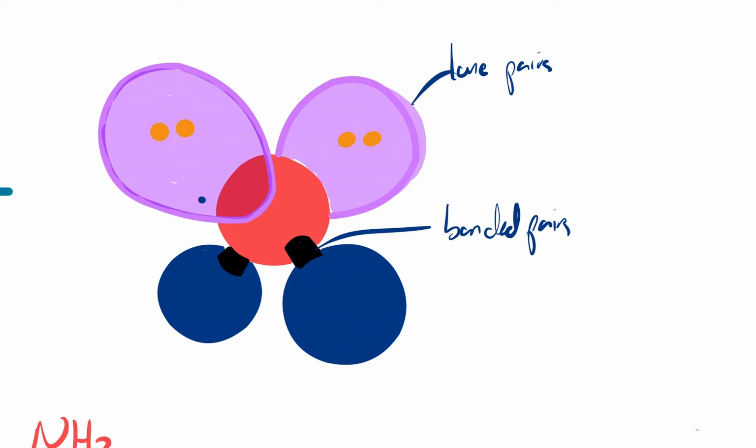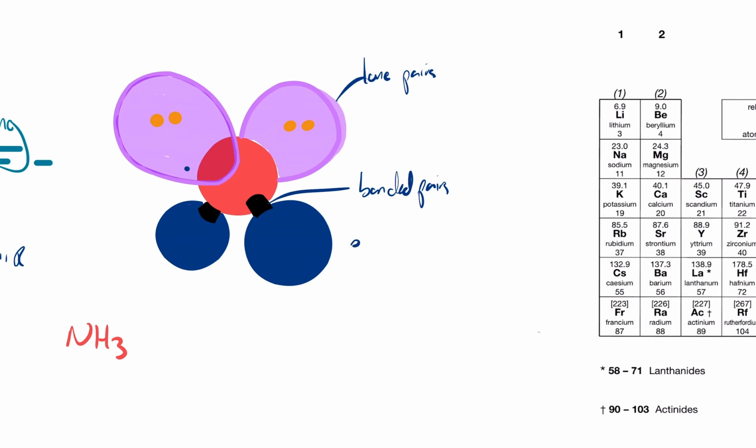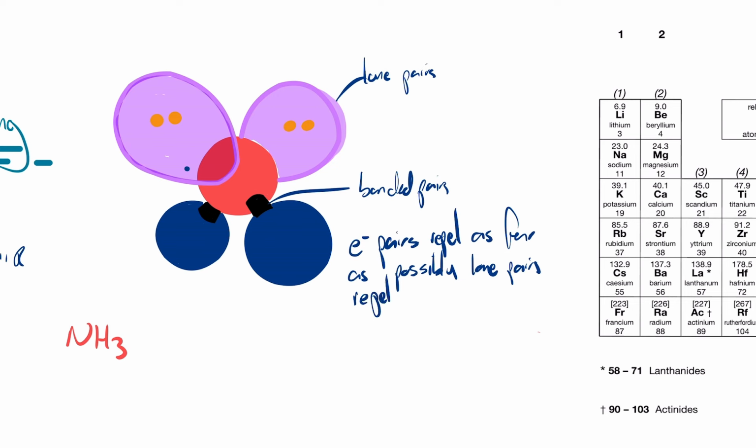What we need to know is that electron pairs will repel as far as possible, but that lone pairs repel more than bonded pairs. And this will become important when we start to explain why we get particular bond angles.